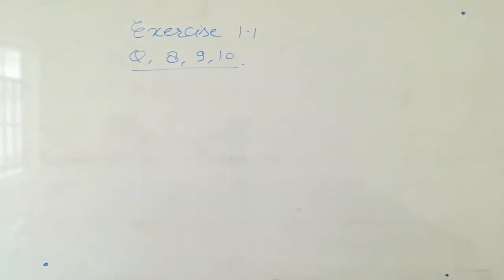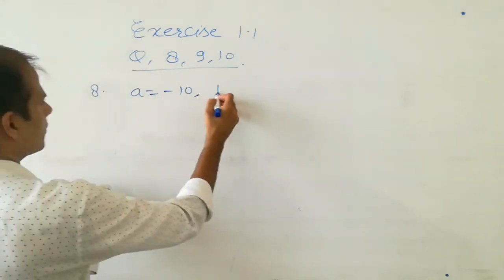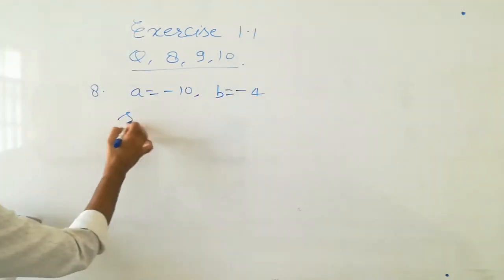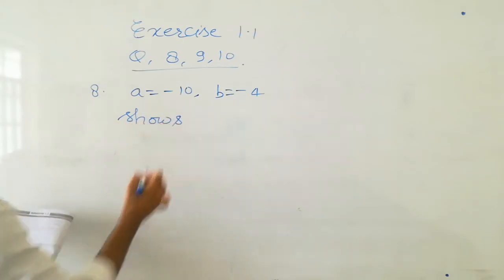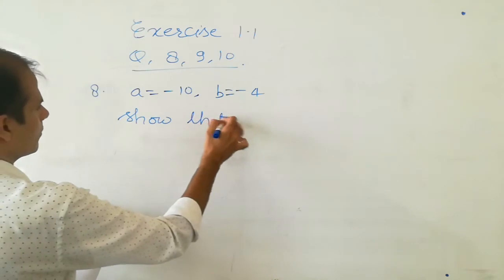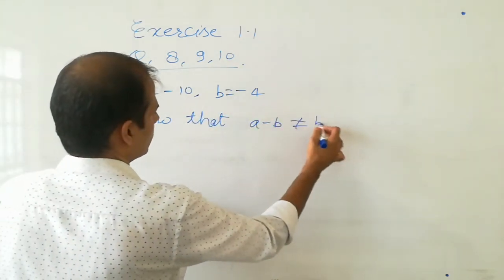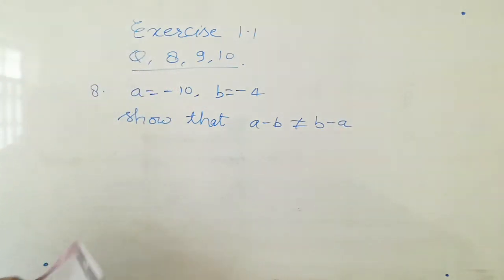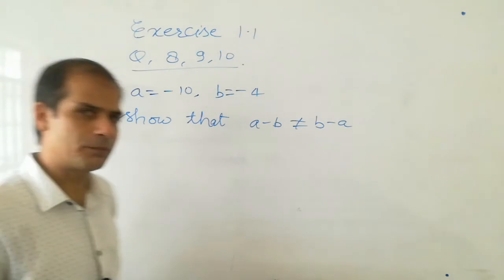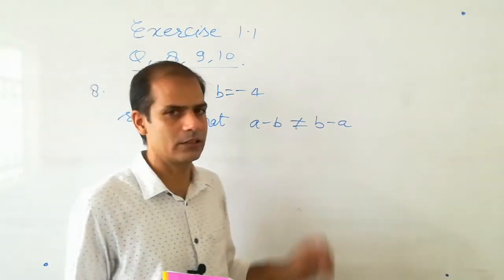Question 8 is: if a equals -10, b equals -4, show that a minus b is not equal to b minus a. Okay, so this is the commutative property. As I told you, it doesn't hold true for subtraction and division.